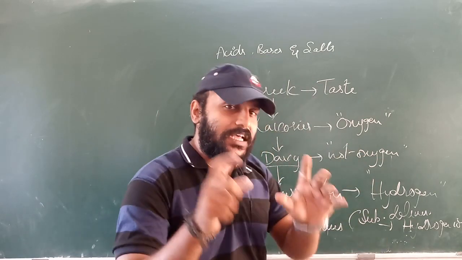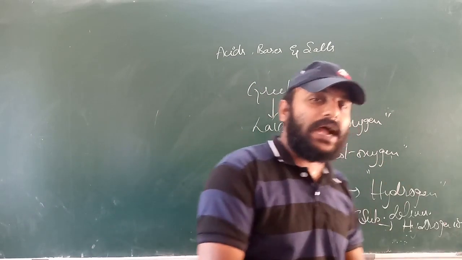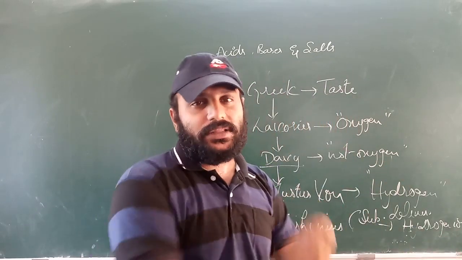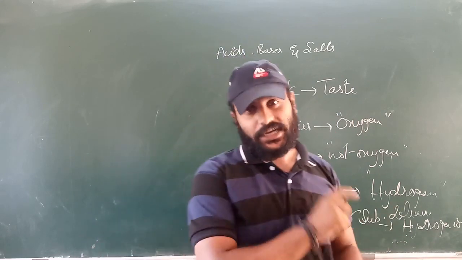He said that the substance which delivers hydrogen ions in the solution tells us whether the substance is an acid or a base. First, Justus von Liebig said that based on the hydrogen we can say whether a substance is acidic or basic. Based on that concept, Arrhenius said the substance which delivers hydrogen ions in the solution is an acid.